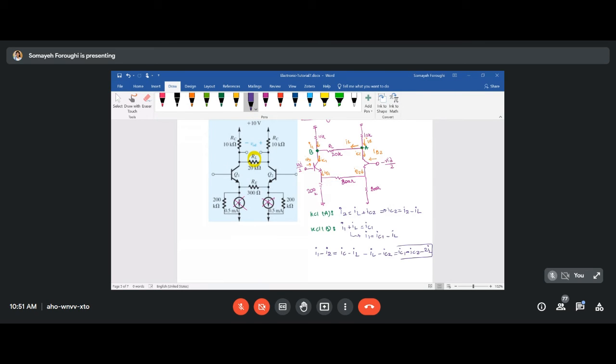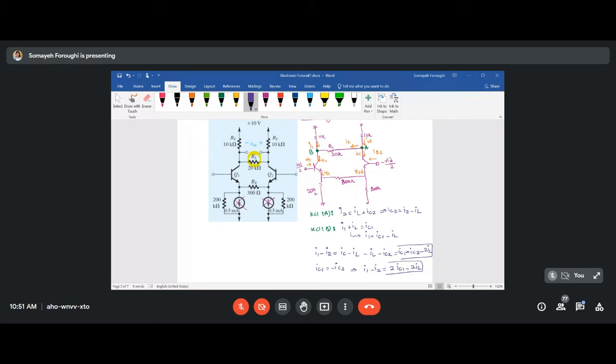Remember, IC1 and IC2 are in the opposite direction but equal in size. So since IC1 is negative of IC2, I can replace IC2 with negative IC1, then finally I1 minus I2 will become 2 times IC1 minus 2 times IL. We can keep this one as well.